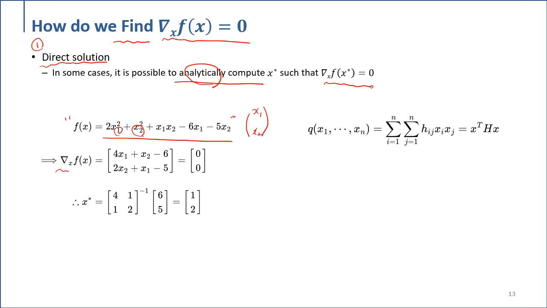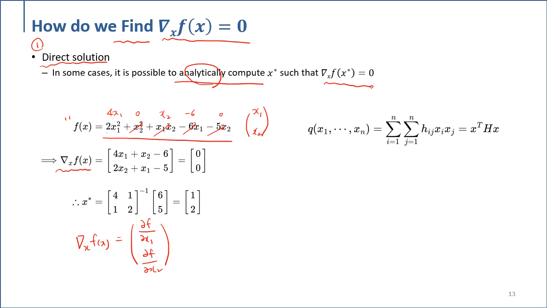That means the gradient of f is a 2 by 1 vector, which has partial f over partial x1 and partial f over partial x2, right? And we know how to calculate partial derivatives. Let's first calculate partial f over partial x1. This would become 4x1, this would be x2, this would be minus 6, and the rest would be 0.